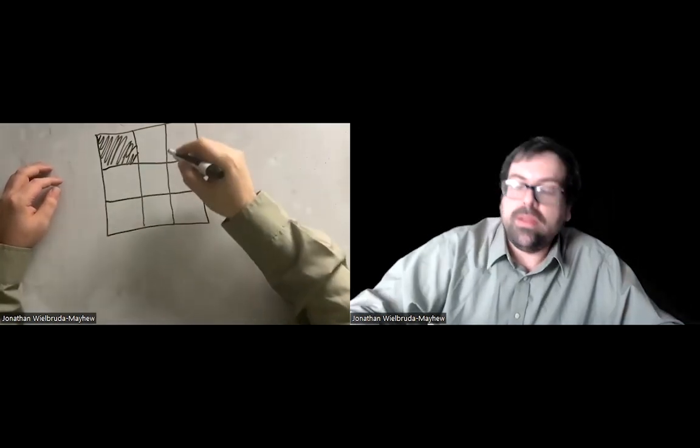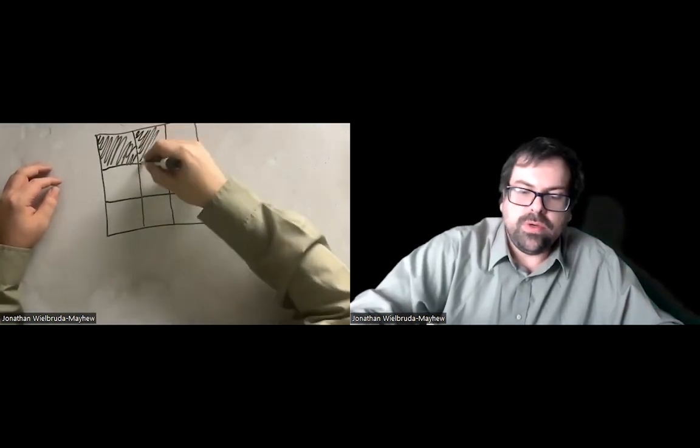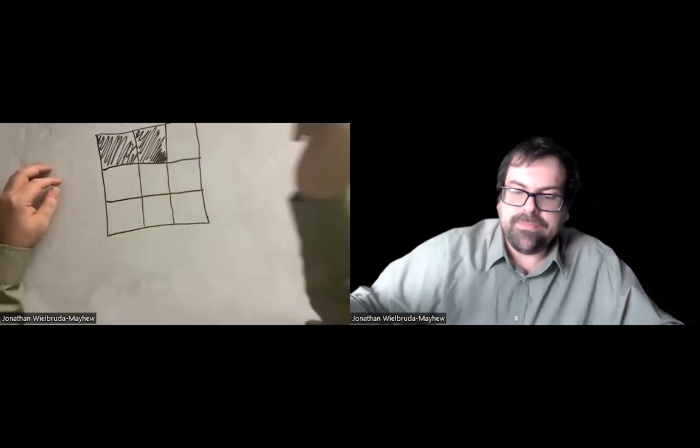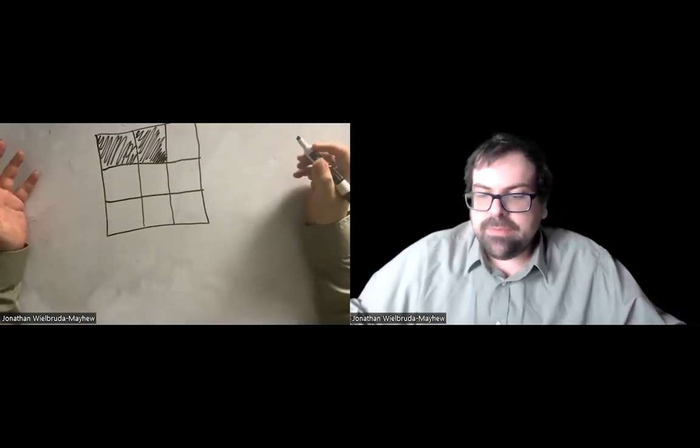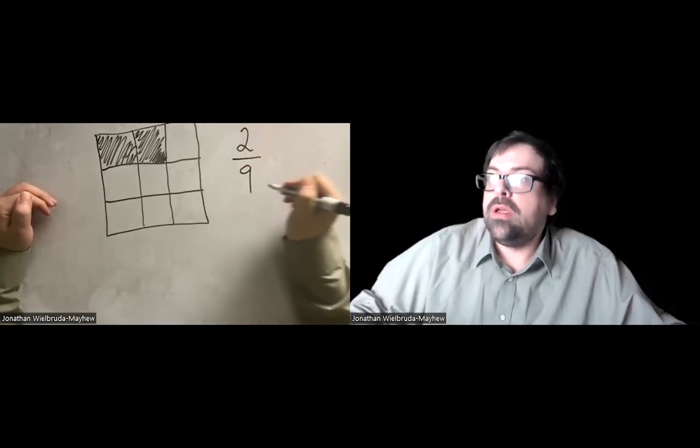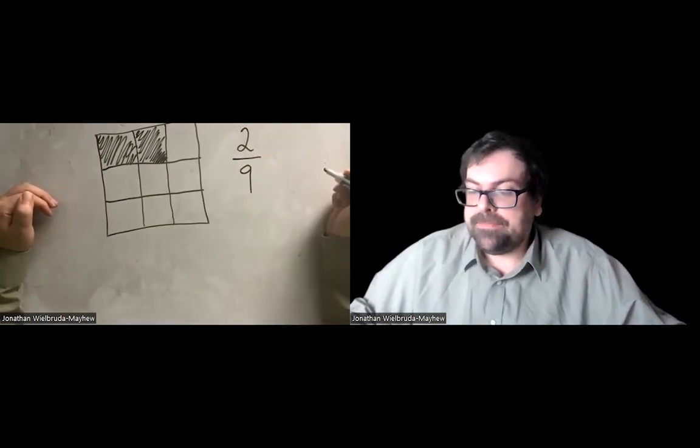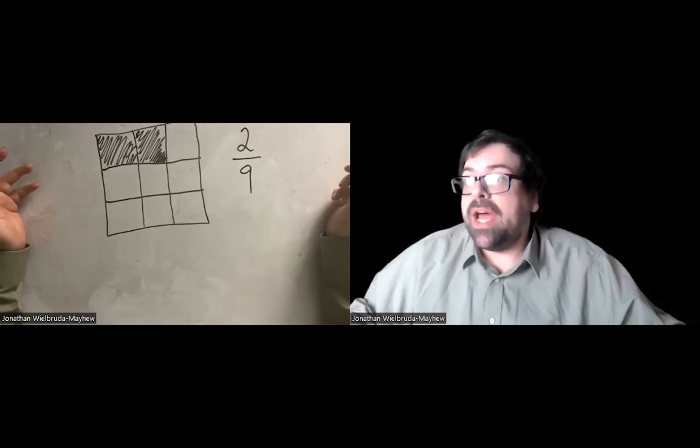And we shaded 2 of these pieces. This shaded part represents the fraction 2/9. Why does it represent 2/9?